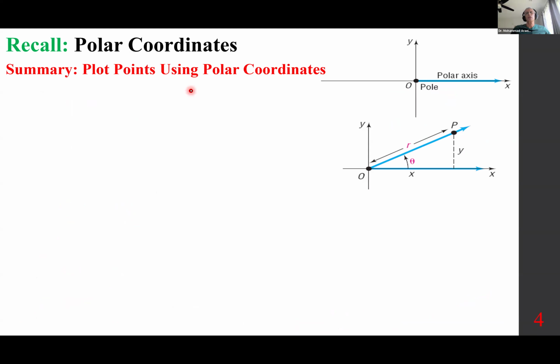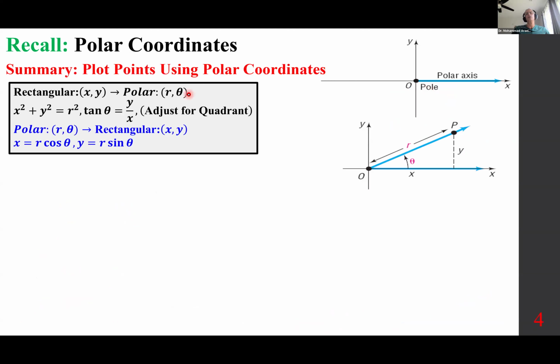Well, we have the rectangular grid and polar grid. Polar axis is the same as the x-axis, and pole is the same as the origin. A point has coordinates x, y or r, theta. x squared plus y squared equals r squared, tan theta equals y over x, and as always you adjust it for the quadrant.